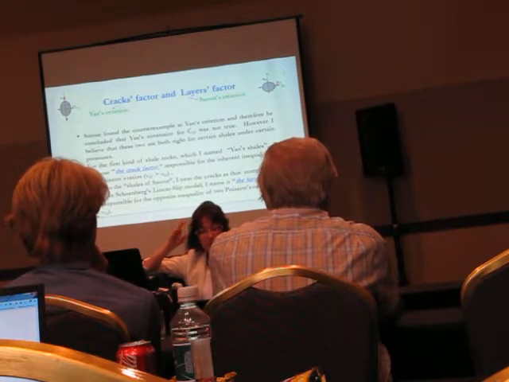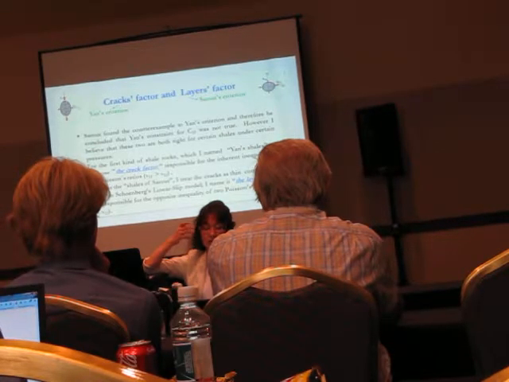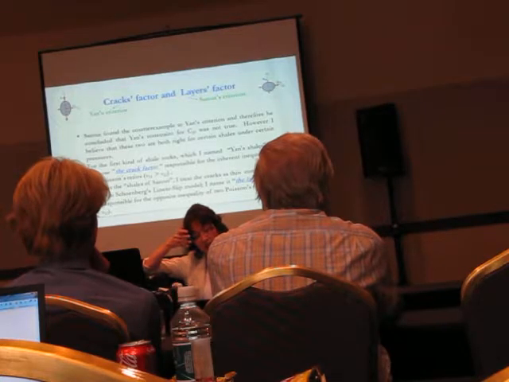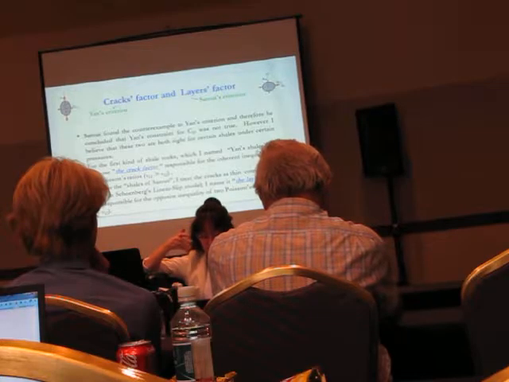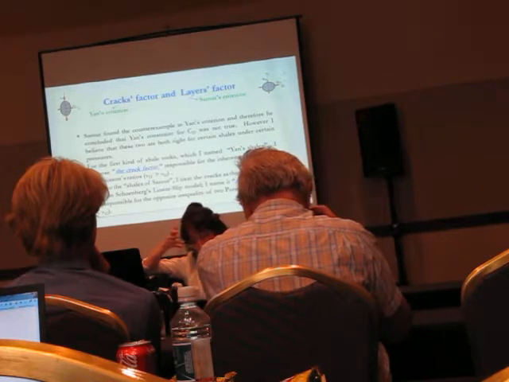Now let me summarize what we have at the moment. Saru found the counterexample to Yan's criterion and therefore concluded that Yan's constraint for C13 was not true. However, I believe that both are right, for certain shales under certain pressures.